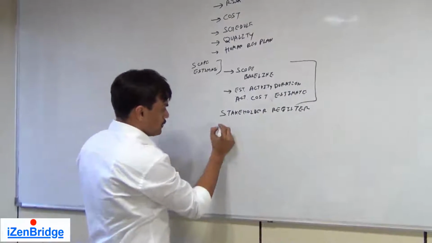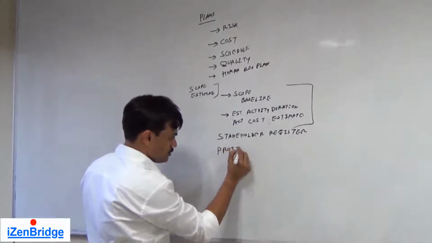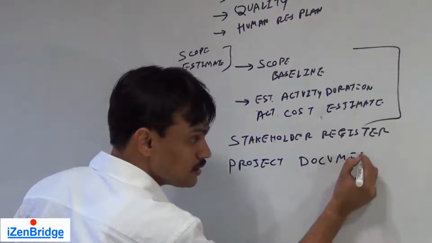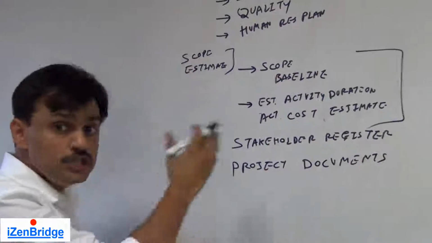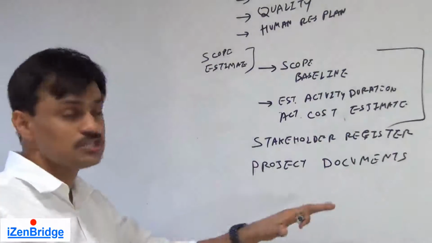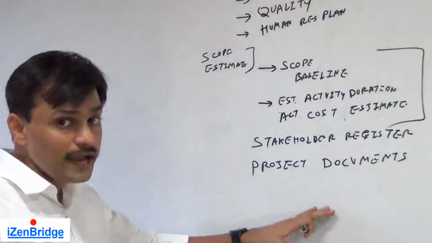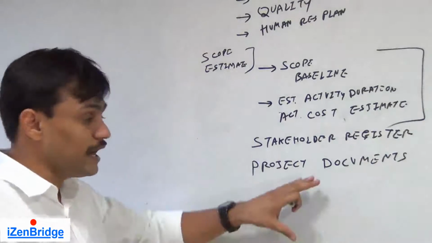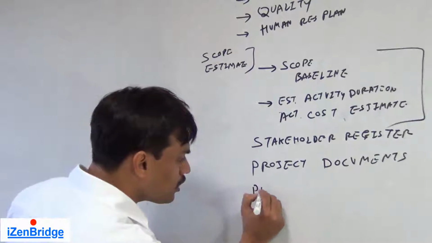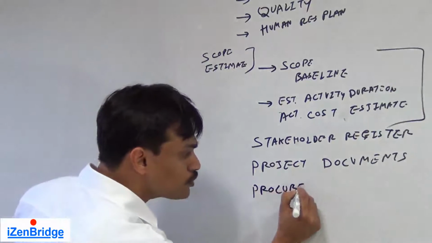A project document. Now we have a long list of project documents: activities, issue logs, everything goes into a project document. Even the risk register is a part of project documents. So we look at all the project documents and try to identify hidden risks from them. We also look at procurement documents.